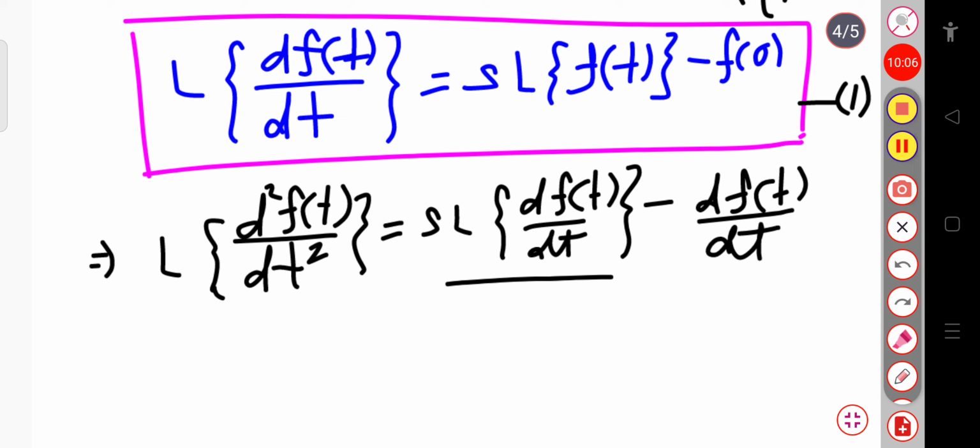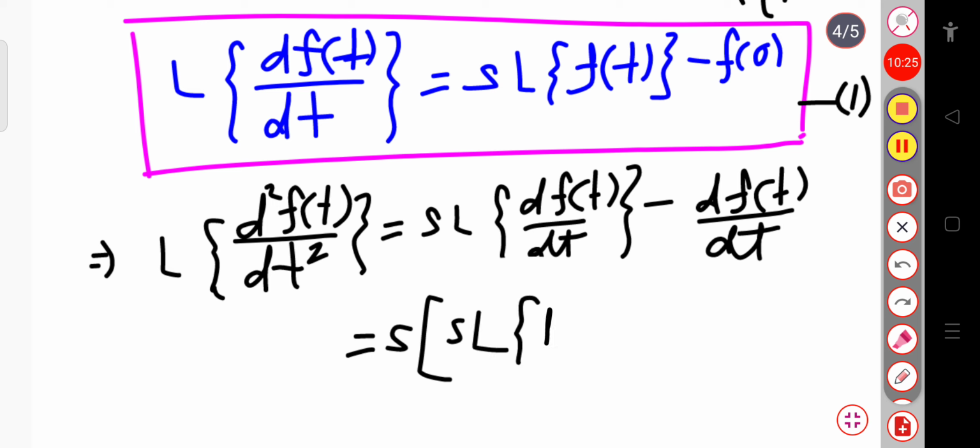So this is our equation 1. Okay, now this will be equal to s into L of df of t divided by dt, for which we put equation 1, that is s into L of f of t minus f of 0.